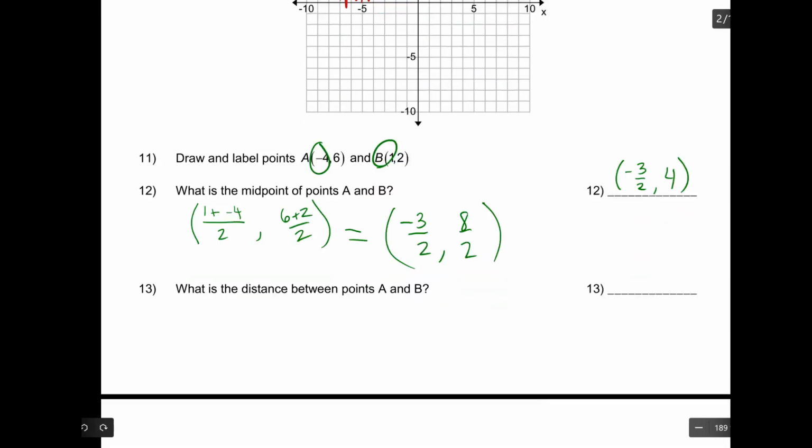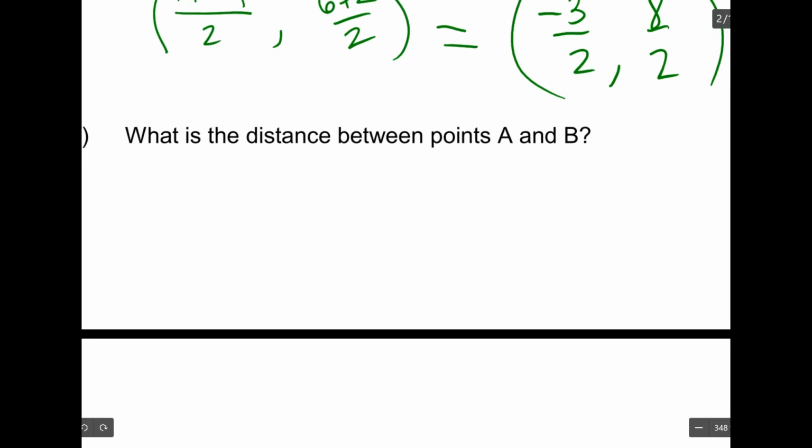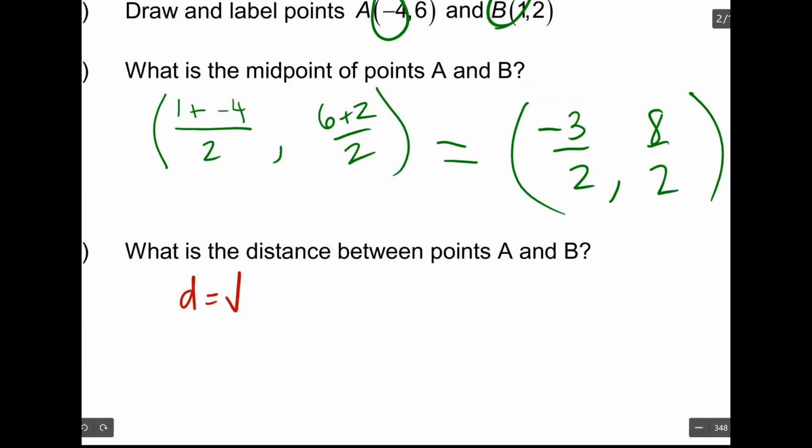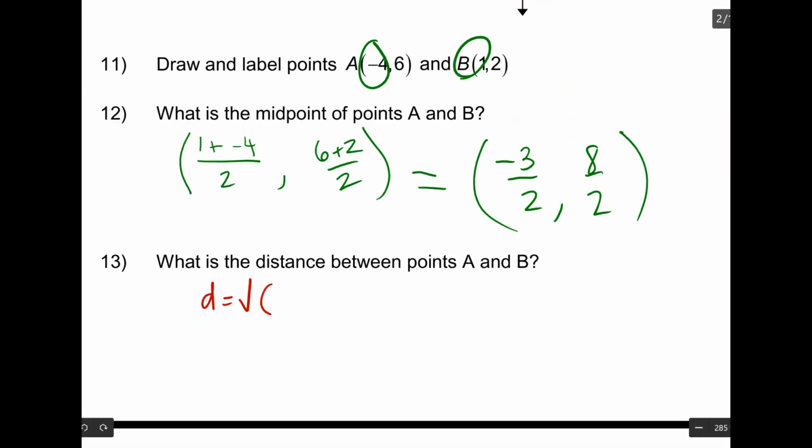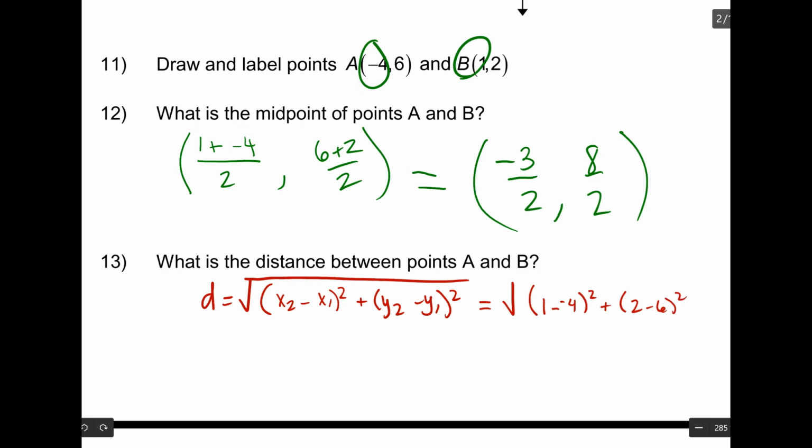What is the distance between A and B? So you have to use the distance formula. Let's go to Ashton. And the distance formula is going to be square root, parentheses x2, which is 1, minus x1, which is -4, turned into a plus, end parentheses, and then square that, plus y2, which is 2, minus y1, which is 6, end parentheses, square, and then that's it.